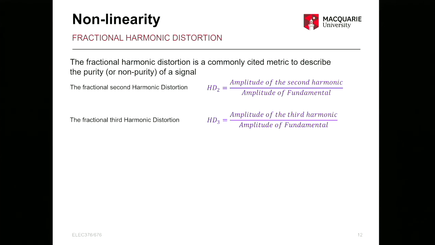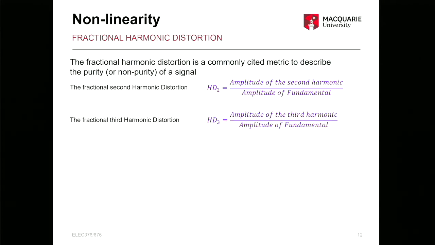By definition, the fractional harmonic distortion is the ratio of the amplitude of the harmonic to the amplitude of the fundamental. Okay? We write it as HD, harmonic distortion. HD2 is the fractional harmonic distortion of the second order, or the fractional second harmonic distortion.